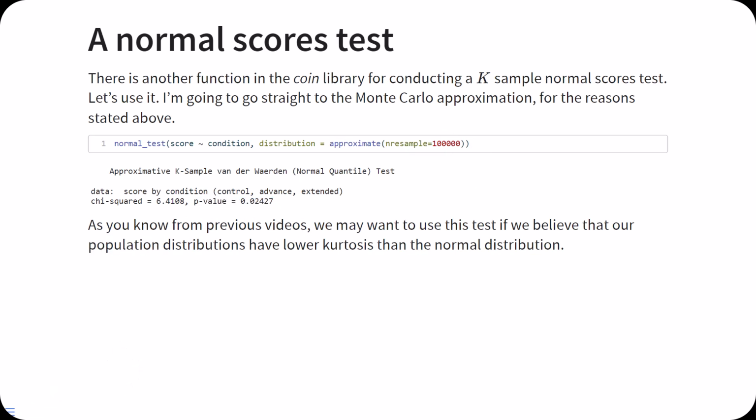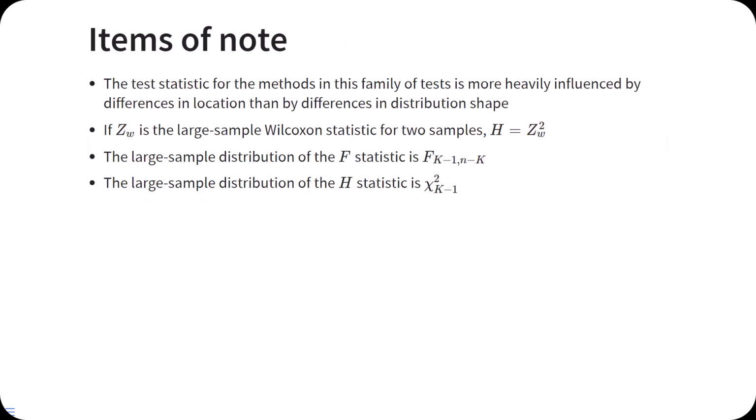I do not need to give this normal scores. It does it automatically for us. As you know from previous videos, we may want to use this test if we believe that our population distributions have lower kurtosis than the normal distribution.